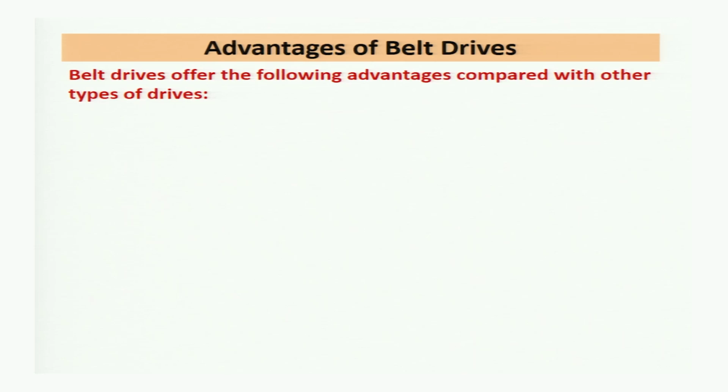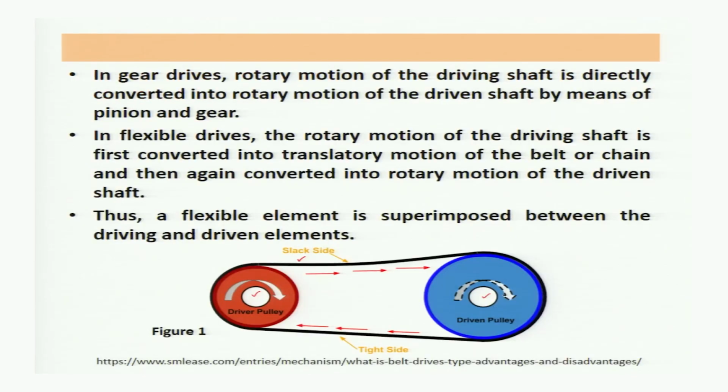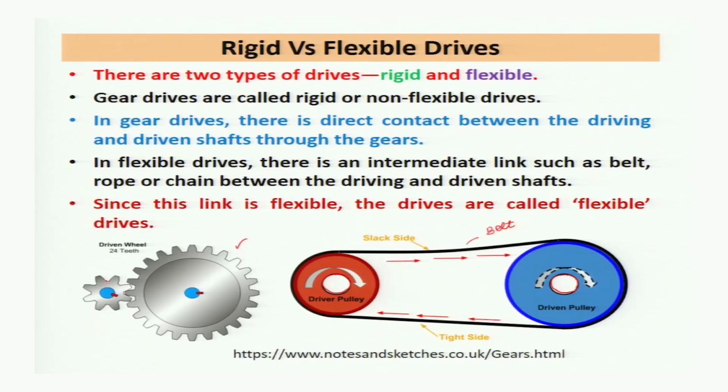Now, advantages of belt drive. Belt drives offer the following advantages compared with other types of drive. Belt drives can transmit power over considerable distance between the axes of driving and driven shaft. You may see that in the case of gear, the distance between the two shafts is this one, and that will be the pitch circle radius of the pinion, pitch circle radius of the gear.